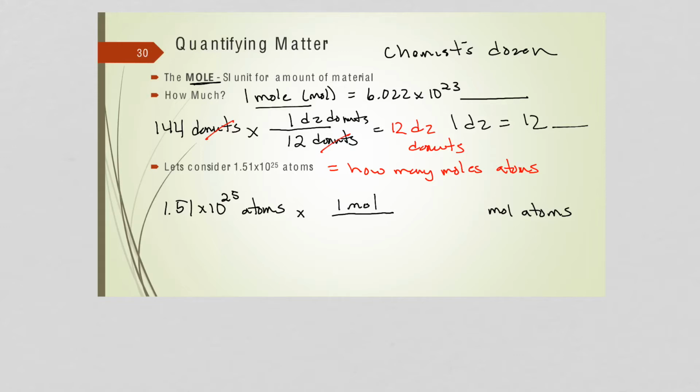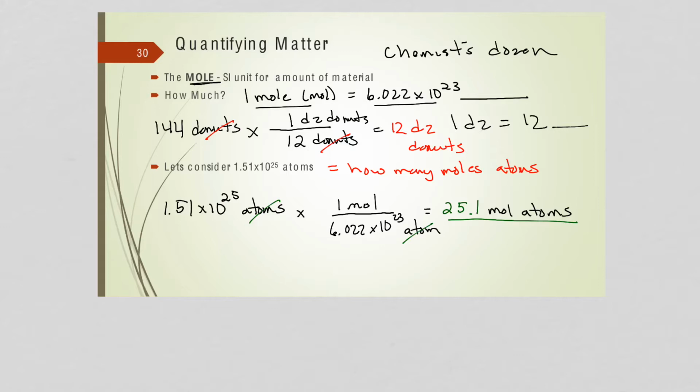So again, dimensional analysis: it is equivalent to 6.022 times 10 to the 23rd, in this case, atoms. Okay? So again, my individual units cancel out, and I do my math, and this ends up working out to be 25.1 moles of atoms.